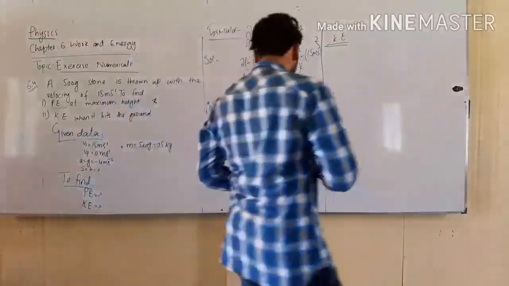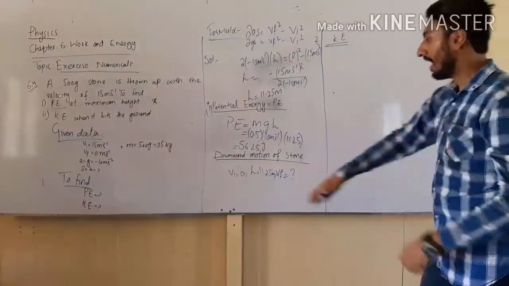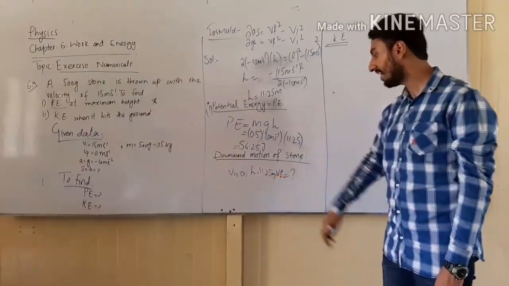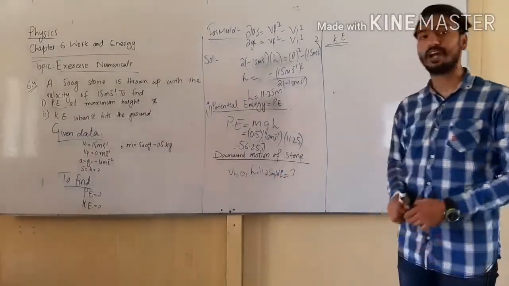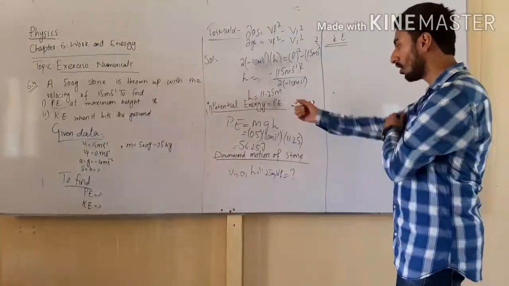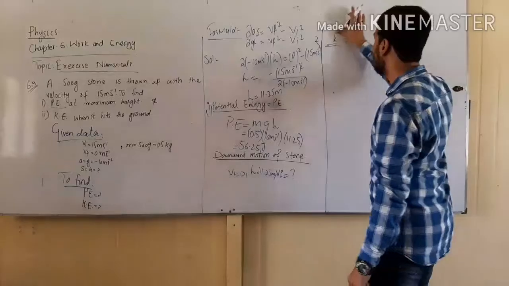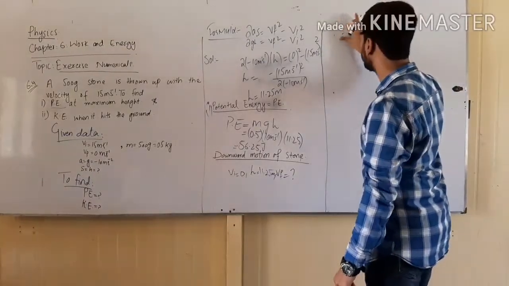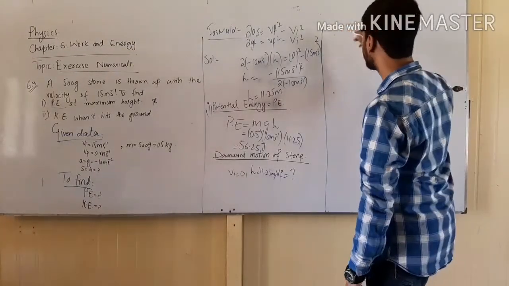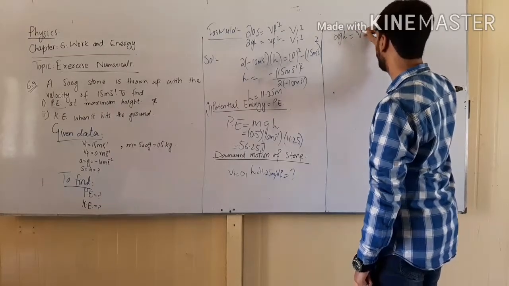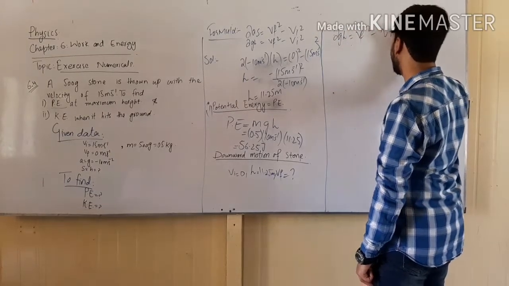I have initial velocity, I have height 11.25, and I have to find the final velocity. So again I am going to put the formula of third equation. What was the formula of third equation? 2gh is equal to vf square minus vi square.